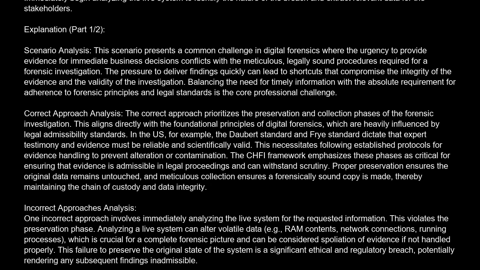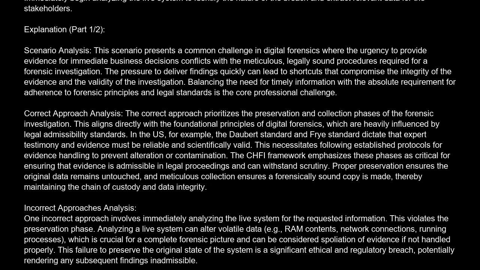Correct approach analysis. The correct approach prioritizes the preservation and collection phases of the forensic investigation. This aligns directly with the foundational principles of digital forensics, which are heavily influenced by legal admissibility standards. In the U.S., for example, the Daubert Standard and Frye Standard dictate that expert testimony and evidence must be reliable and scientifically valid.